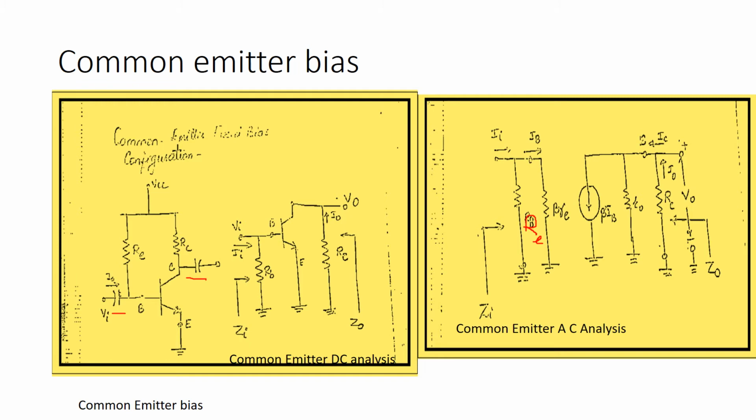You can see from here. This should be RB, I guess, the base resistance RB. This is your collector terminal. Current is IC. So I0 is equal to IC in this case.